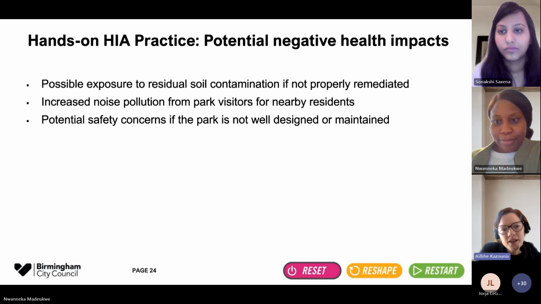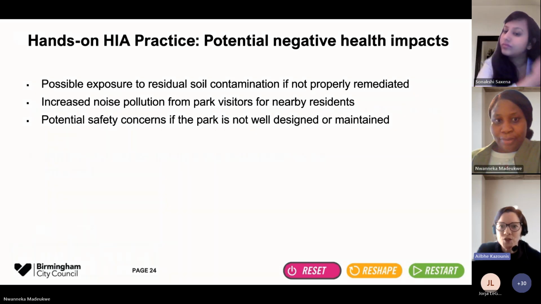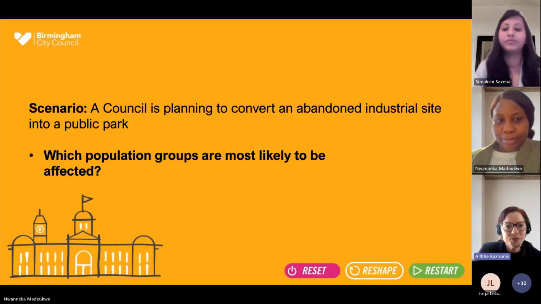So it's not just safety concerns, but it's also about who gets to use the park based on how it's designed. And maybe we can think about that more during question 4 when we're looking at maximizing health benefits and reducing risks. Okay, let's move on to the third question.